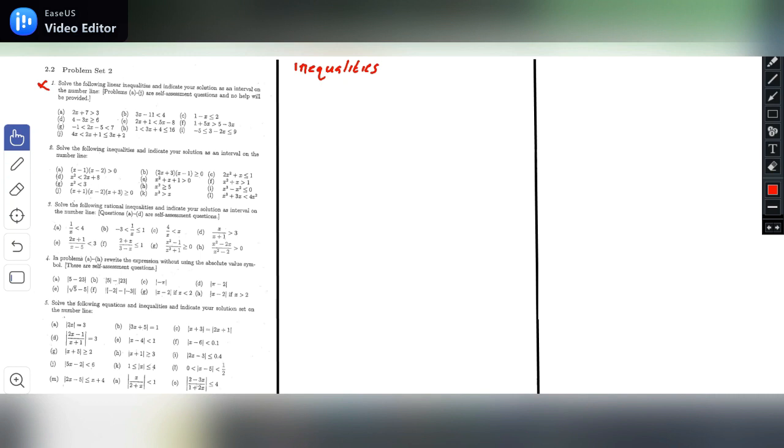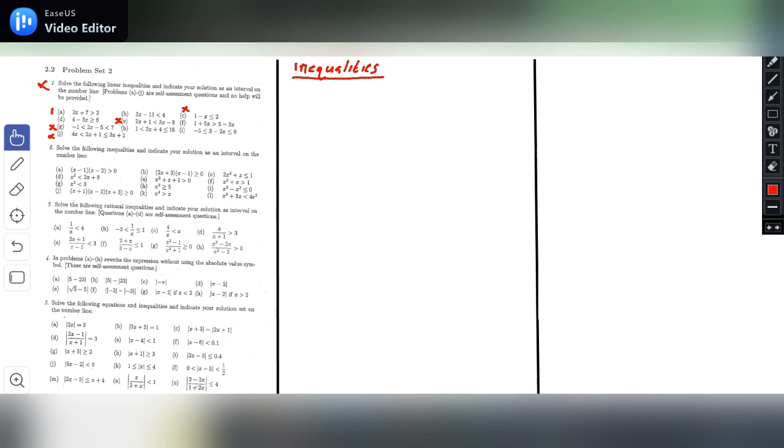In question 1, I'm going to solve letter A, C, E, and G. After G I can also solve J. The other ones you can do on your own, right guys?